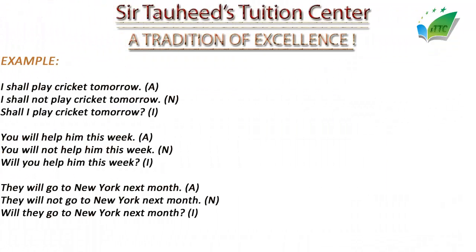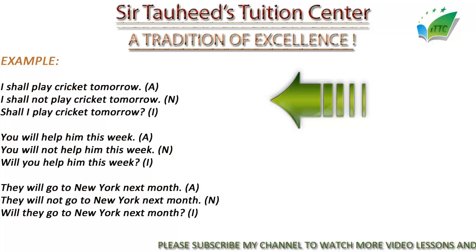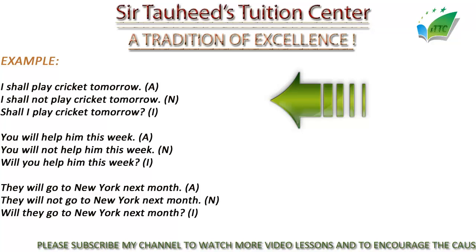Now let's have a look at some examples. Here we have the first example, which is: I shall play cricket tomorrow. I shall play cricket tomorrow means I'm going to play cricket the next day. It means today I'm not going to play, but I will play in the future, and I shall play it tomorrow.